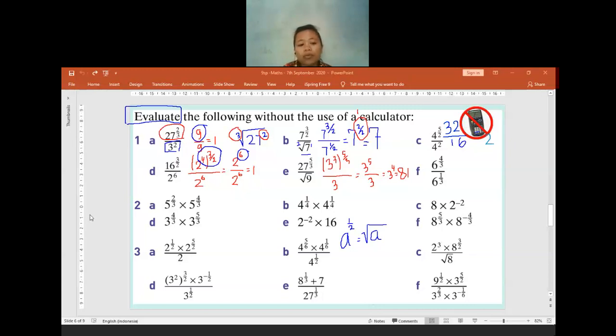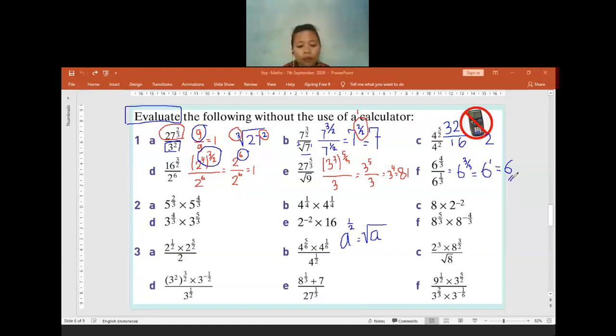Division using indices, we can subtract the power. 4 per 3 minus 1 per 3 will be equals to 3 per 3. 3 per 3 will be equals to 1. Because the question is asking for evaluate, do not write the power. 6 to the power of 1, the answer will be equals to 6. So write the answer as 6, not 6 to the power of 1.